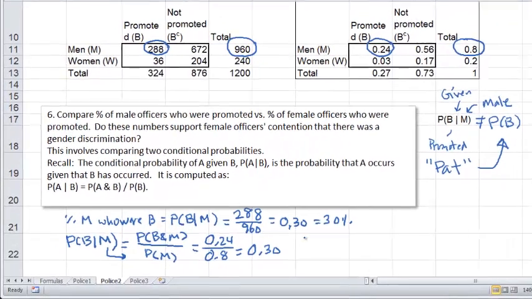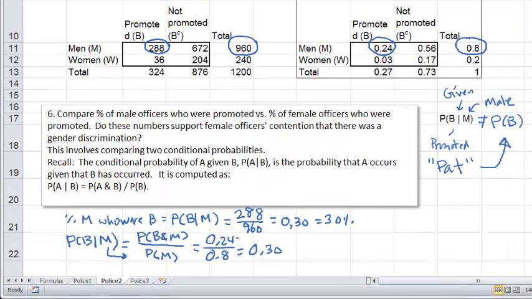And that makes sense because how did we get 0.24 and 0.8 in the first place?